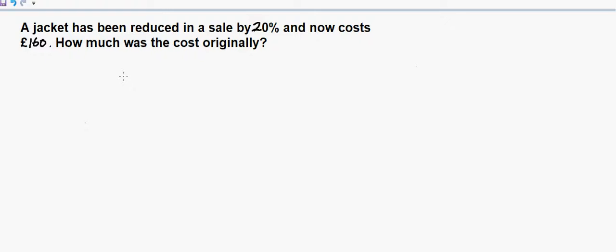Okay, so we've got a jacket that's been reduced by 20% and now costs 160 quid. We've got to find out what the original cost was.